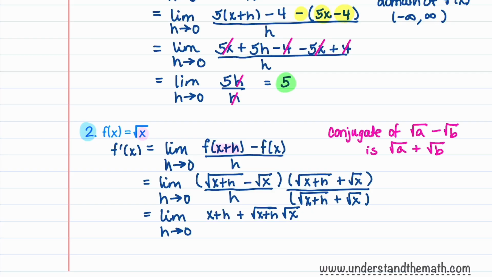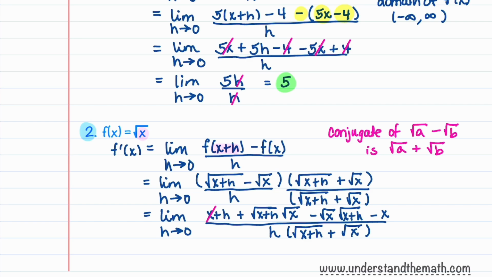Now we multiply the inner terms, which is minus root x plus h. And then we multiply the last terms, which gives us a minus x, because that's square root of x times square root of x. And all of this is divided by h times the square root of x plus h plus root x.